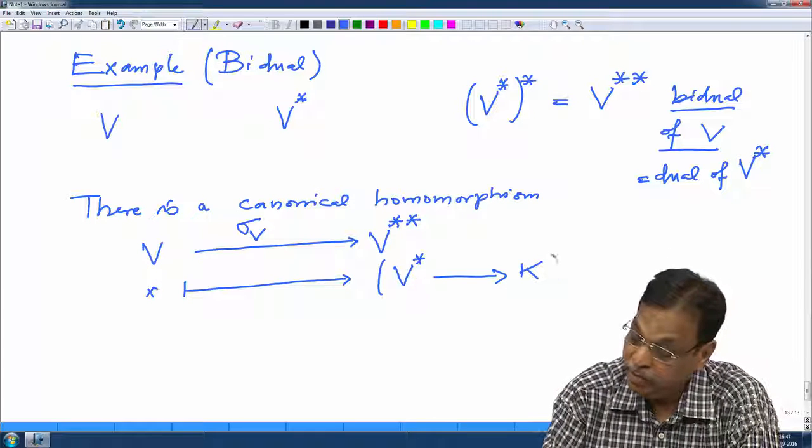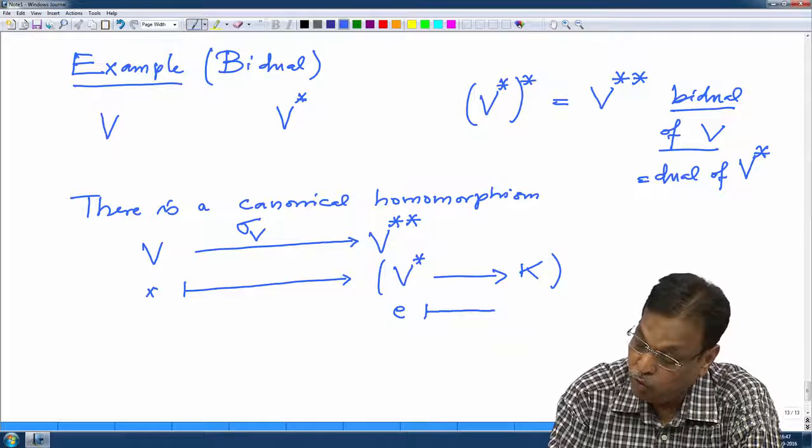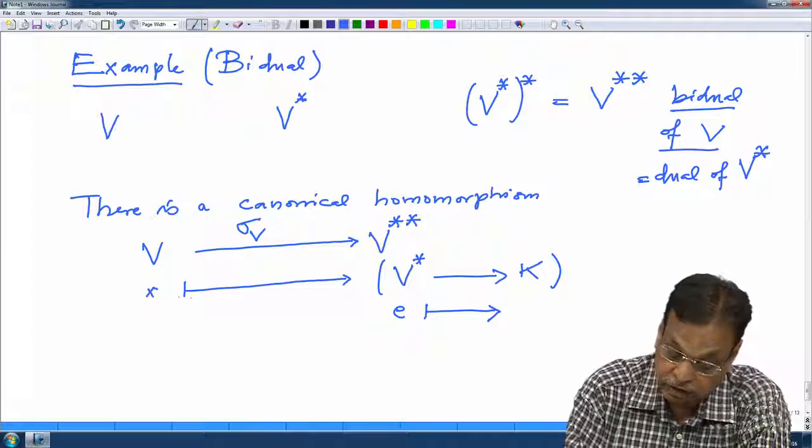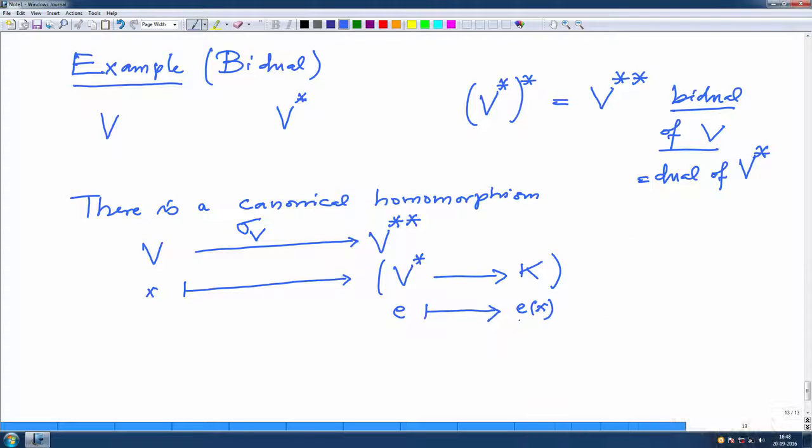So what is that map? That means I need to know where arbitrary E goes. So E and this x, you can do E of x, evaluate E at x. So this is like the evaluation map. It is called the evaluation map. It evaluates a linear form on the given vector.